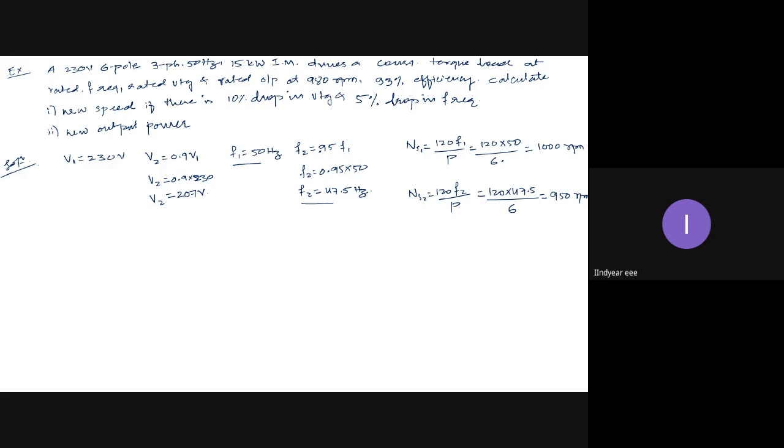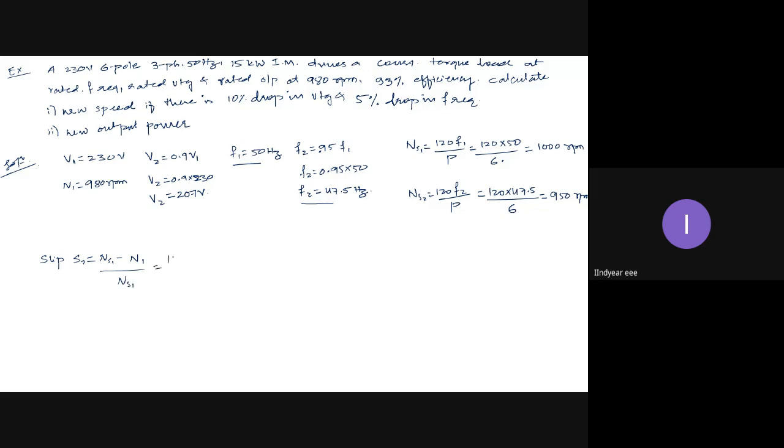Therefore, as the synchronous speeds are different, the slips will be different. Slip S1 is equal to NS1 minus N1, where N1 is 980 RPM, divided by NS1.